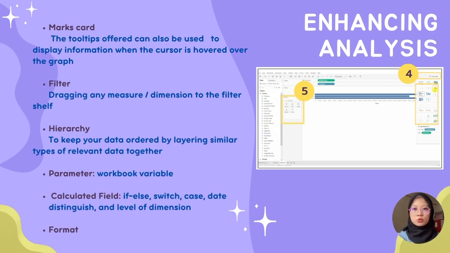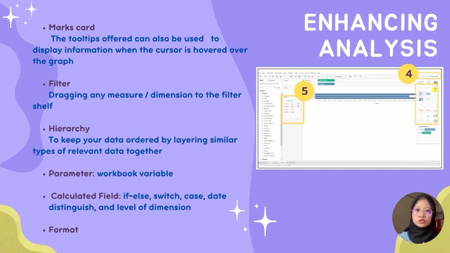The next one is hierarchy. Hierarchy is used to keep your data ordered by layering similar types of relevant data together. For example, Tableau's date time calendar is a hierarchy that you can explore down to year, quarter, month, and day by clicking on the add button on the features tab, as you can see from the picture.